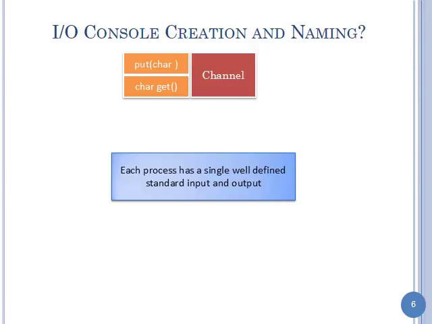Now forget about IPC. Do you know of another way to create such console-like objects in your process, even if you're not doing distributed computing, dynamically? So we have standard input and output. We are born with that. Are there other objects that we also read and write to that are created dynamically?